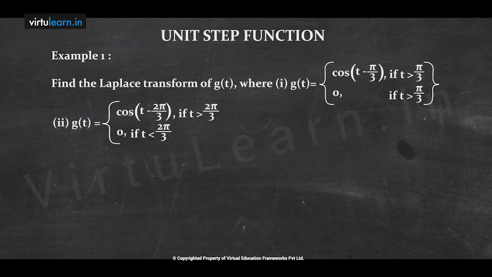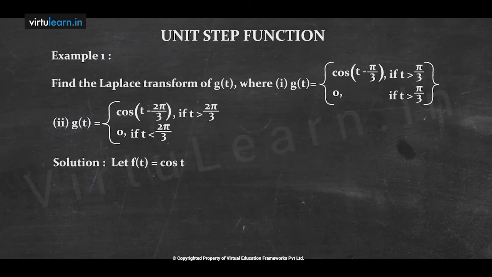Now first solution for the first problem. F of t is cos t, because f of t minus a means f of t is cos t. Now here g of t is f of t minus a equal to cos of t minus a, suppose. Then f of t is cos t.